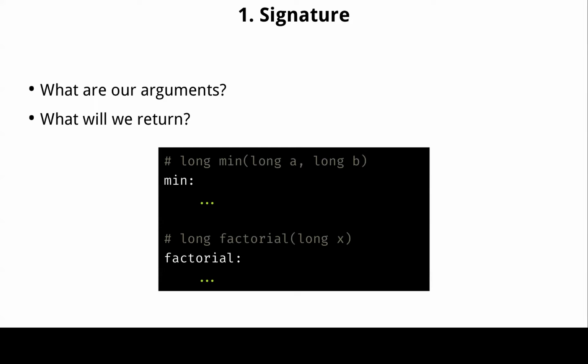Let's say we write a function to find the minimum number between A and B. The inputs are two numbers, A and B. We just use long, 64-bit, to make it easier. Then the return value is one of them, so it's also a long. Then you can just write a label here, min.